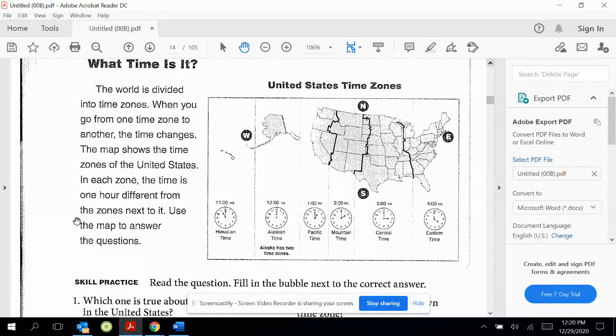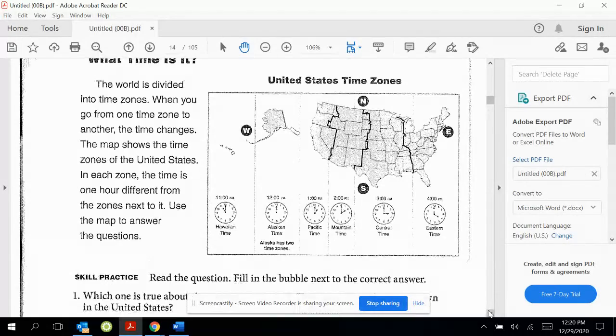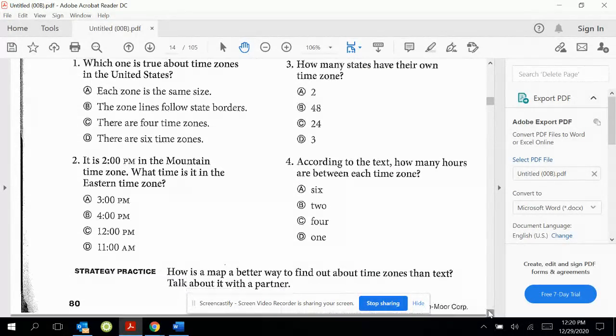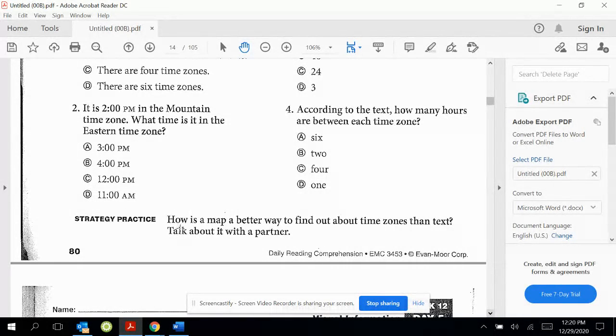But it says, what does the text say about it? And we can see it right there. How is a map a better way to find out about time zones than text? Talk with a partner about it.